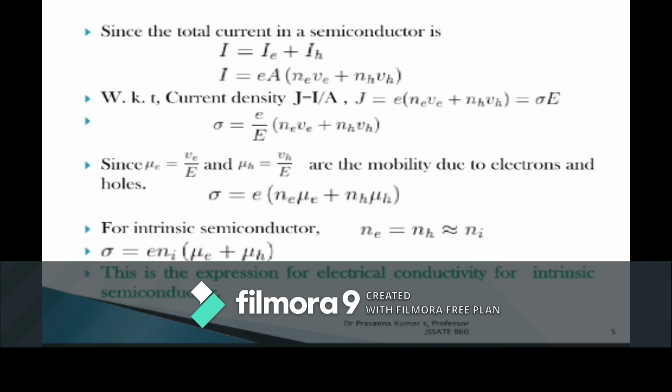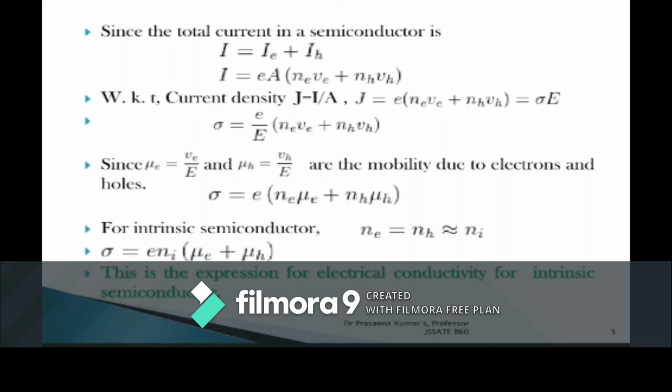We got the expressions I_e = n_e e v_e A and I_h = n_h e v_h A. Now you add those two. If we take out e A as common in both the expressions, I = e A (n_e v_e + n_h v_h) within the brackets.